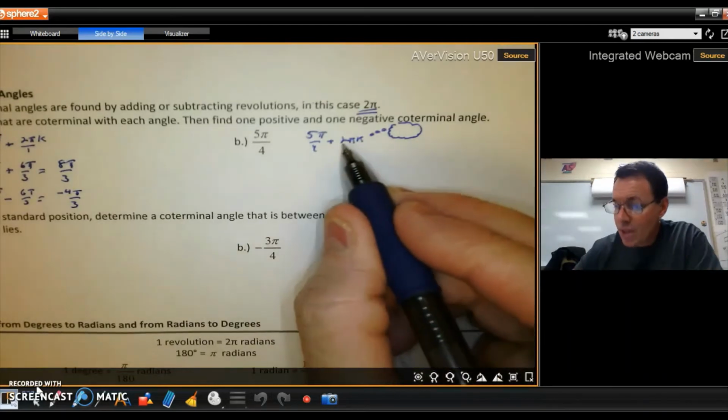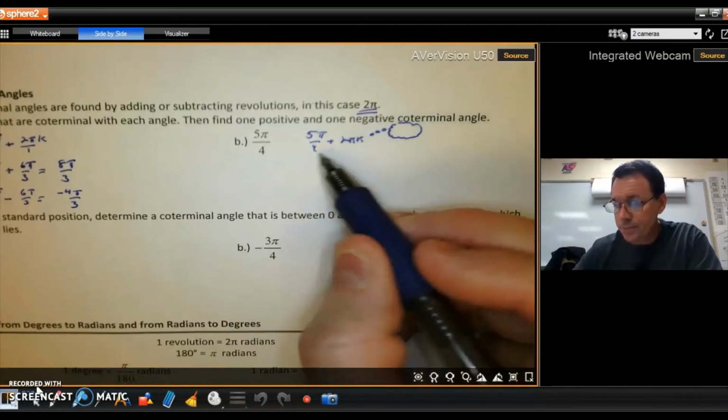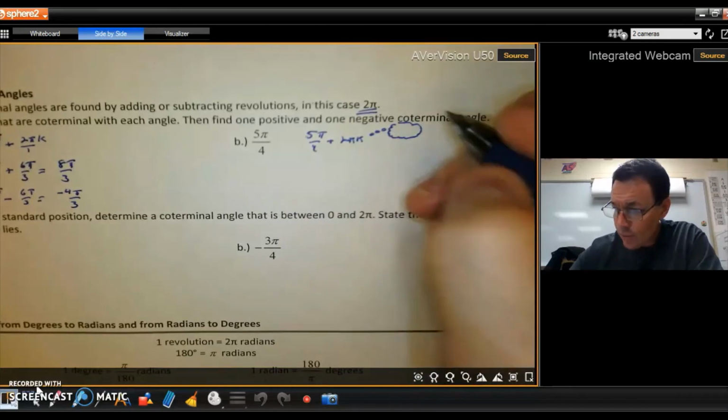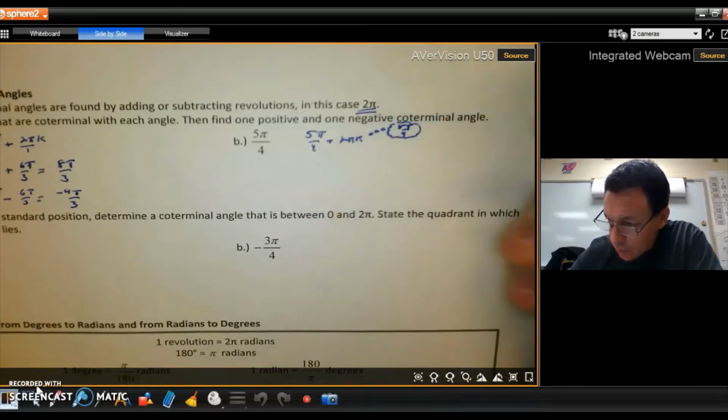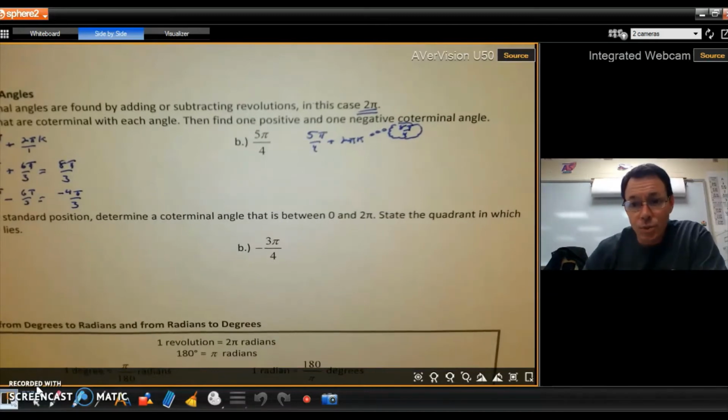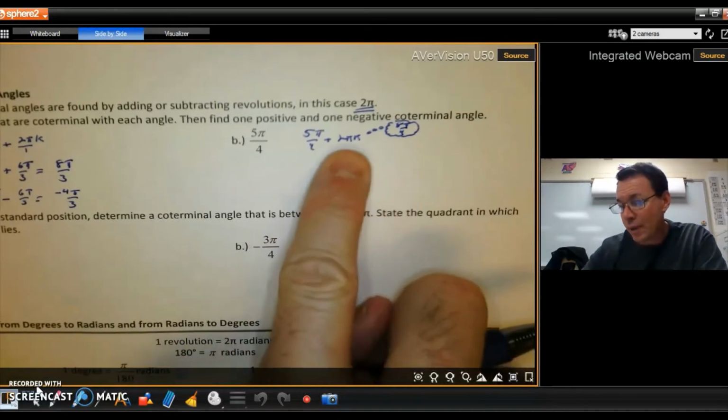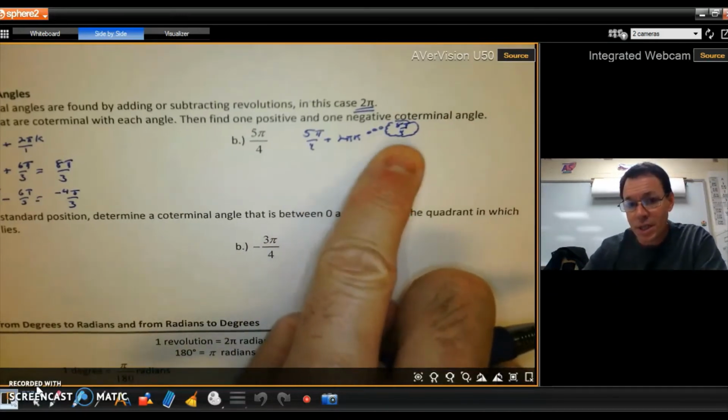So I'm thinking of the number 2 as 8/4. 8 pi over 4 is equal to 2 pi. So that's 2 pi written as a common fraction, and now I'm good to go.